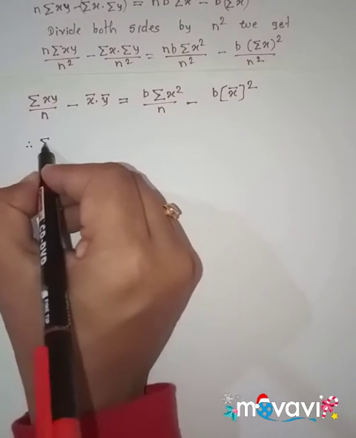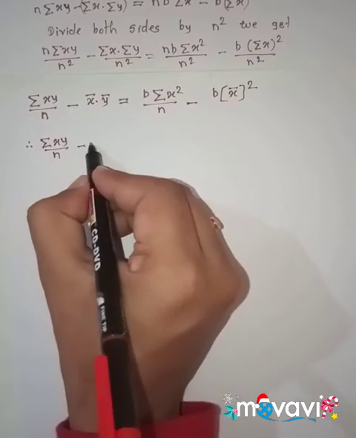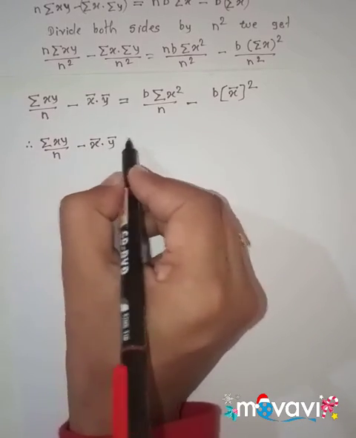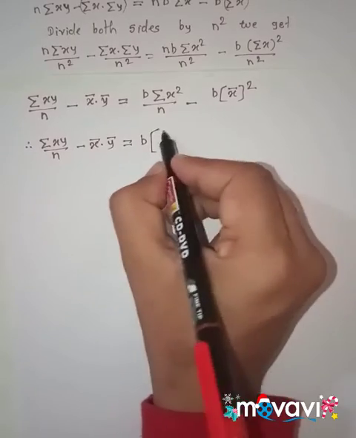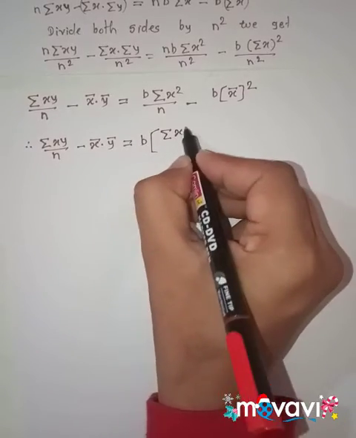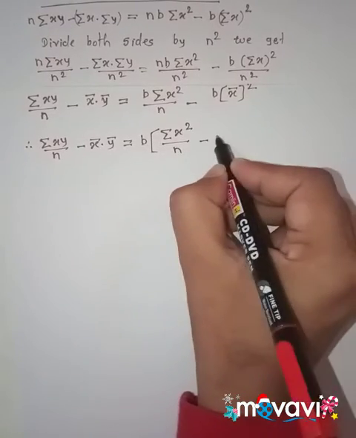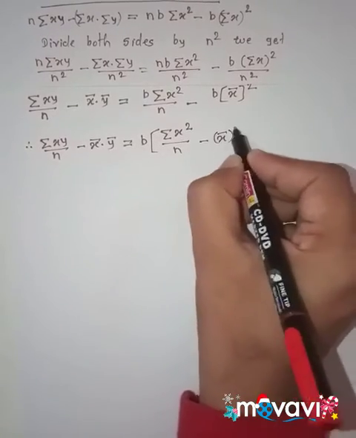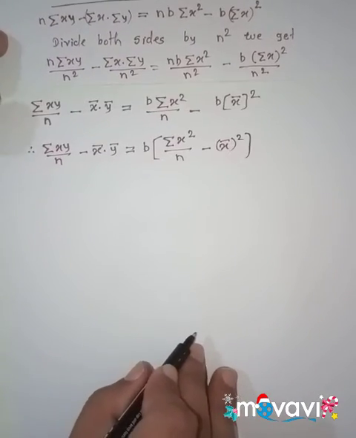So summation xy upon n minus x bar into y bar, take this b outside the bracket, we get summation x square upon n minus x bar bracket square, and here we have to find the value of b.